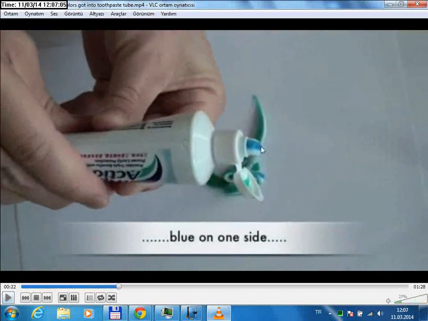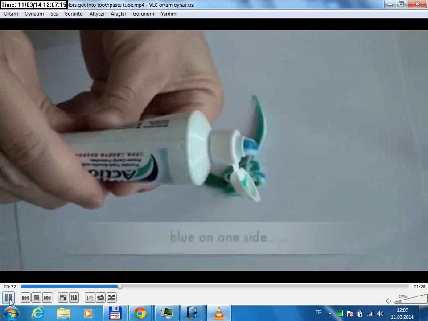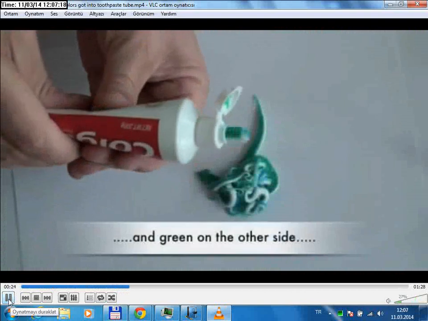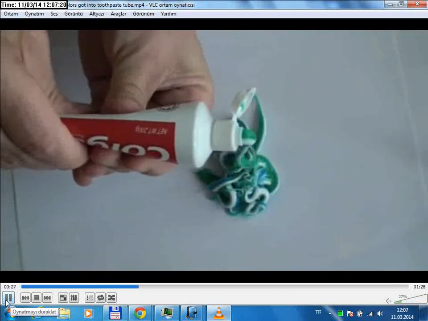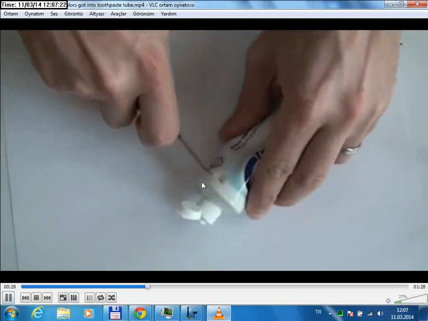So this is what I'm talking about. It's always uniform, right? The stripes don't get mixed up. So you squeeze it and you always get these nice parallel stripes coming out of the tube. There are three colors here: white, green, and blue.